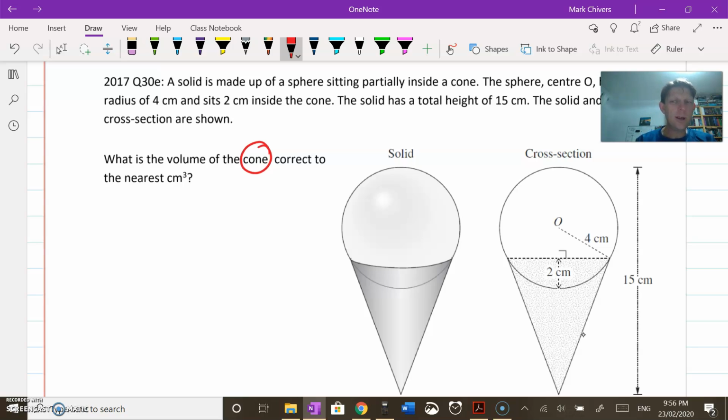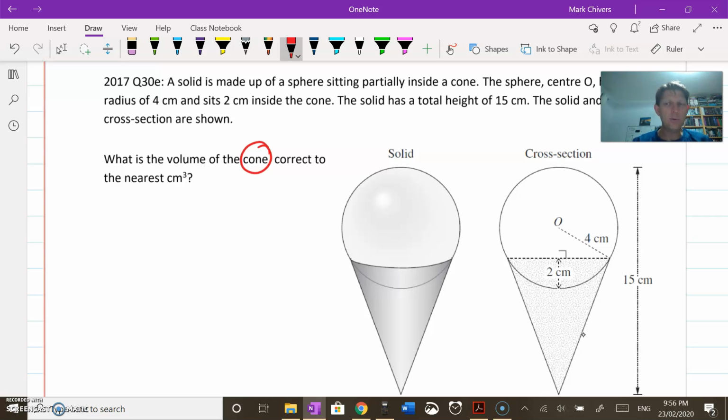So we don't have to subtract some part of the sphere, and I actually think this was kind of a bad question, and I hope it doesn't come back up again because people got confused about whether or not that sphere on top is part of the cone. But because in maths we use the word cone to mean a very specific object, it doesn't mean that. We're just talking about the cone itself, and we just disregard the sphere, but what we know about the sphere is going to help us work out the volume of the cone.